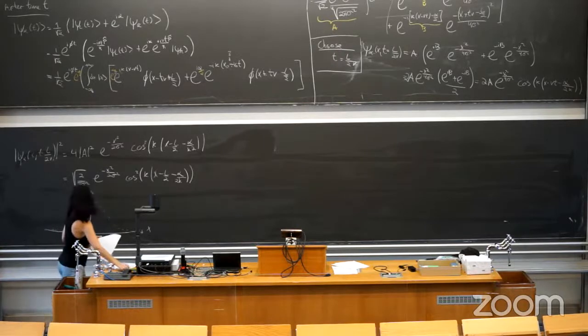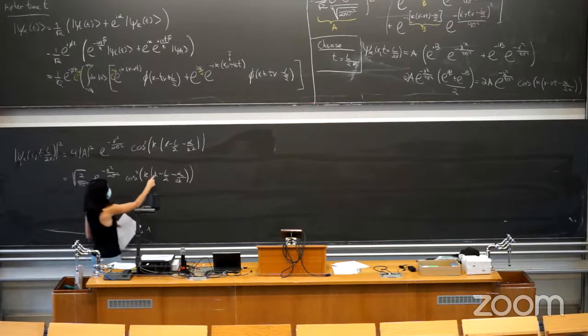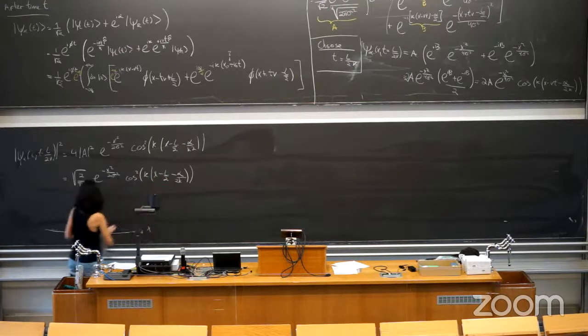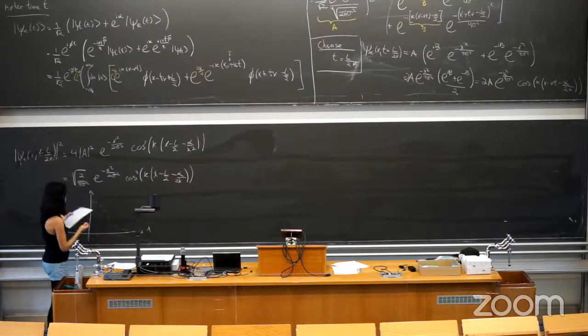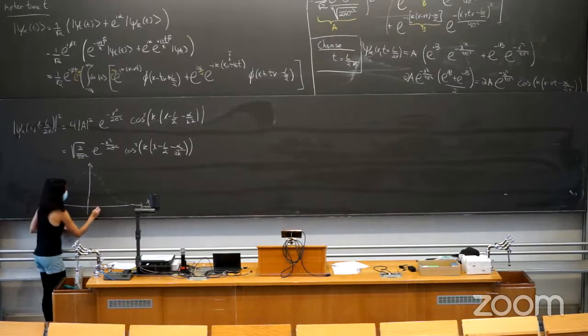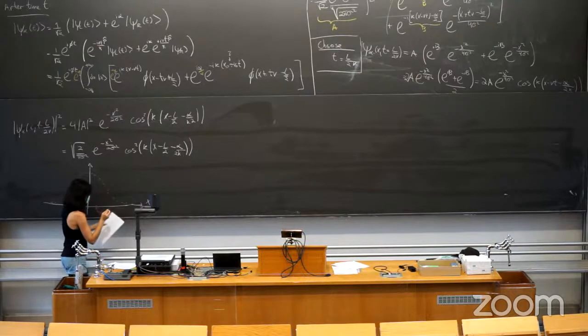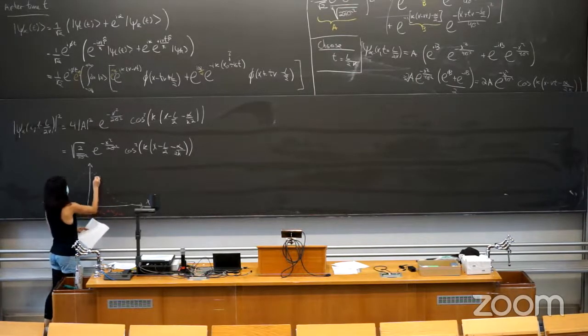And now this thing is cosine of kx, but shifted by this amount, right? So there's some amount here that is L over 2 plus alpha over 2k, which is where we see the first peak.